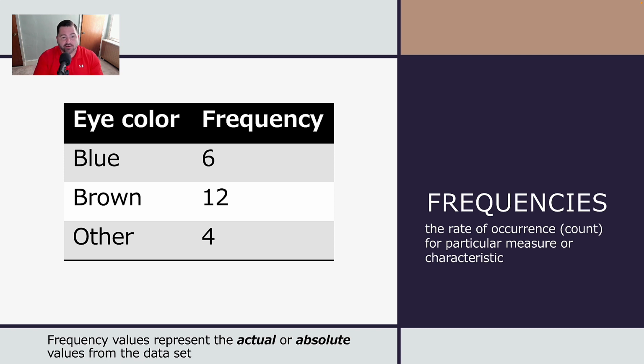So if we were to look at the graph on the left of the slide here, let's say we had a group of 22 individuals and we were trying to classify or organize how many of those people had blue eyes, brown eyes, or other colored eyes.